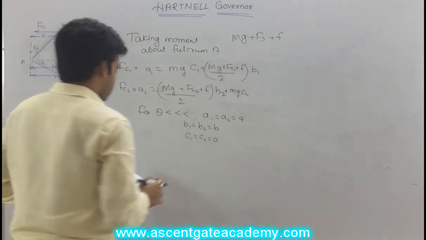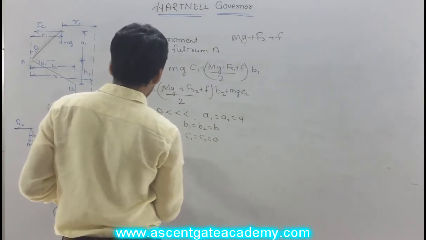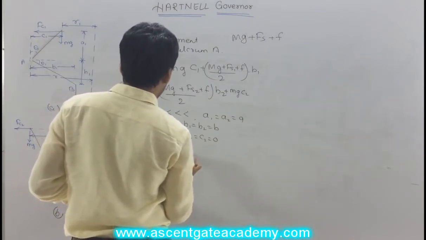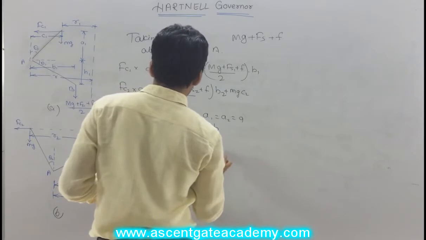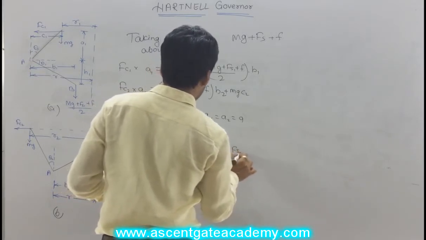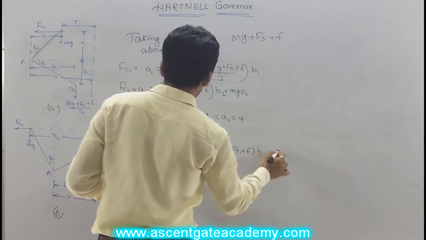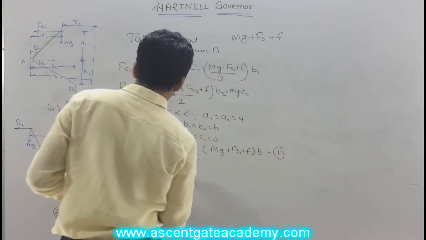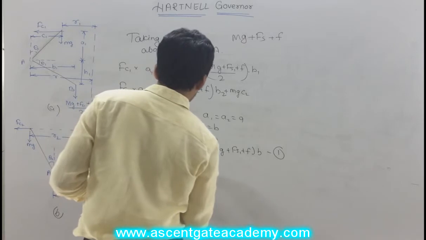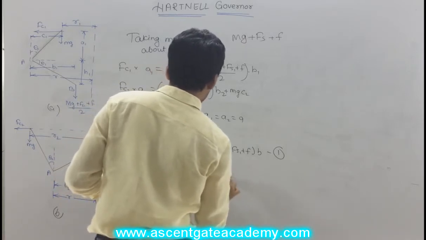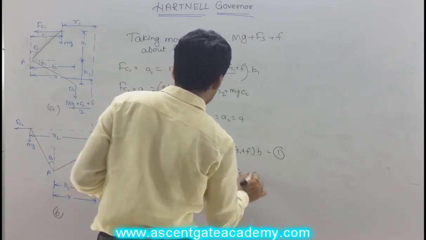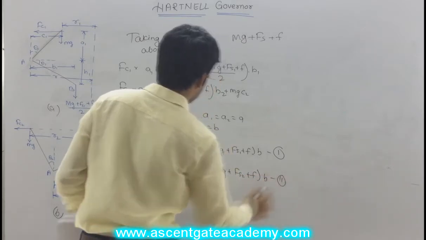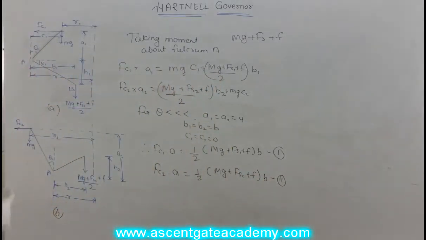Getting this? Okay, so this equation becomes Fc1 into a is equal to half mg plus Fs1 plus F into B, this is equation 1. Similarly, Fc2 into A is equal to half mg plus Fs2 plus F into B, this is equation number 2. Clear or not?